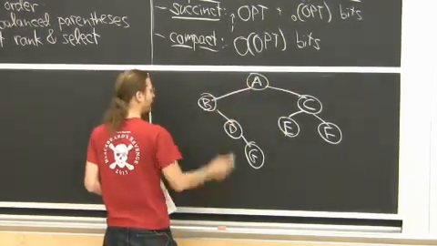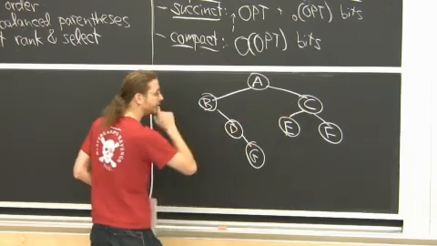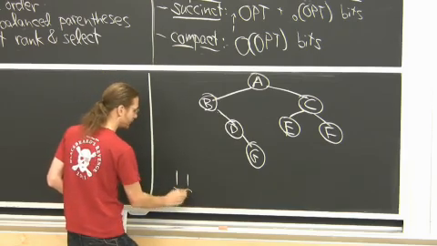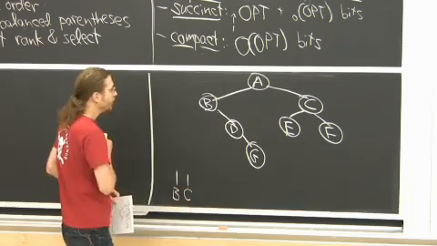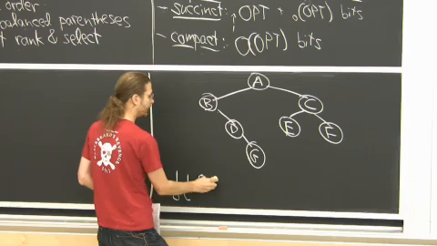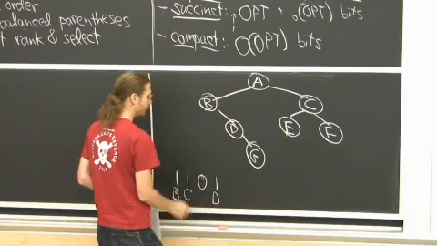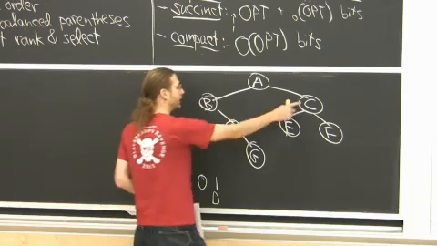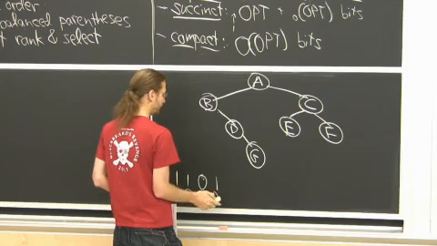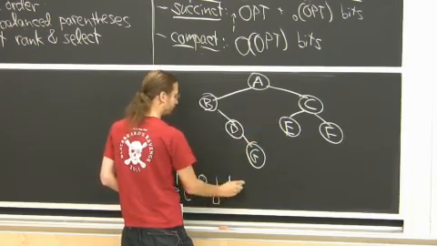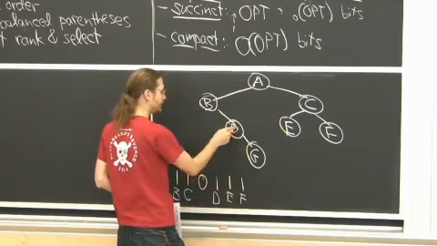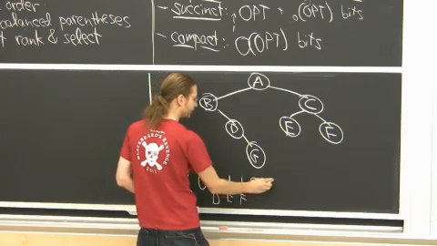I have the node A, which has a left child B and a right child C, so I write 1, 1. This corresponds to B, this corresponds to C. Then the next level is B. It has no left child, and it has a right child, which is D. I'm just writing down the labels so I don't get lost. Then we have node C, which has a left child and a right child, E and F.